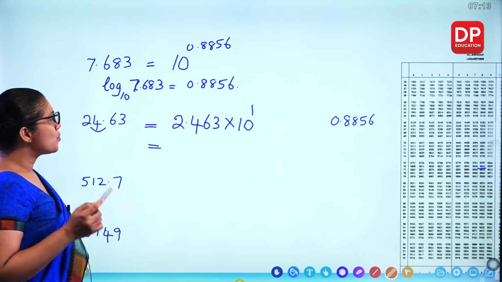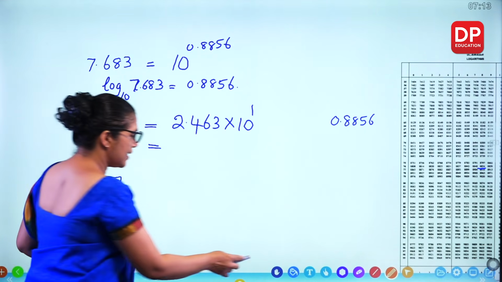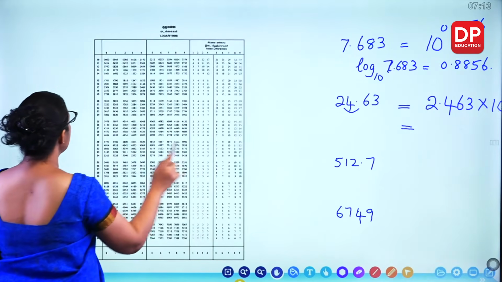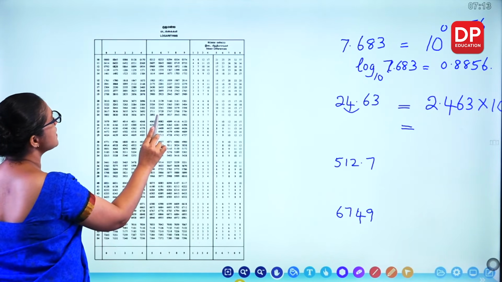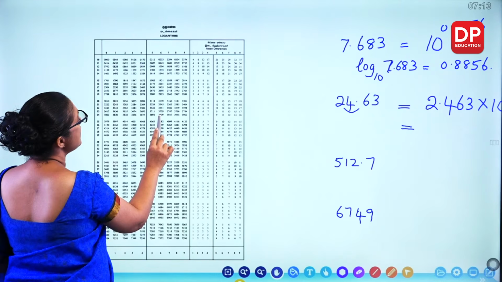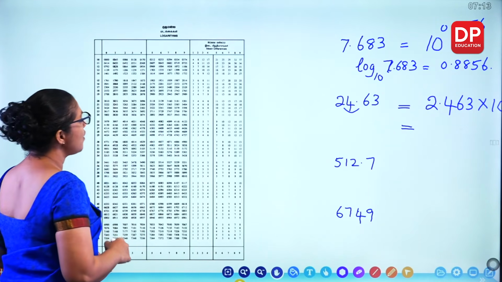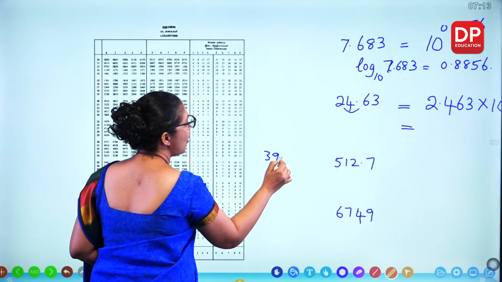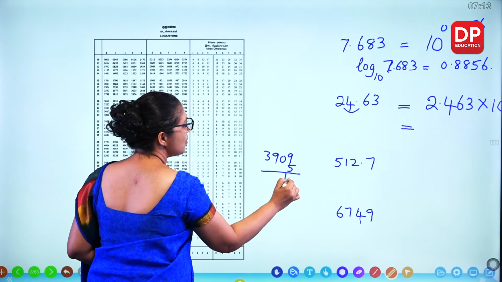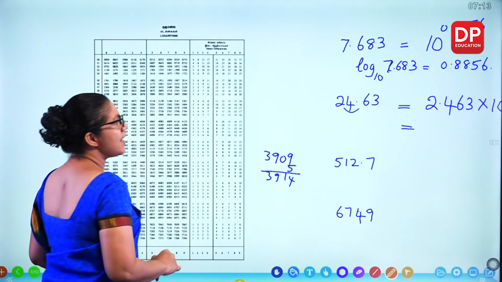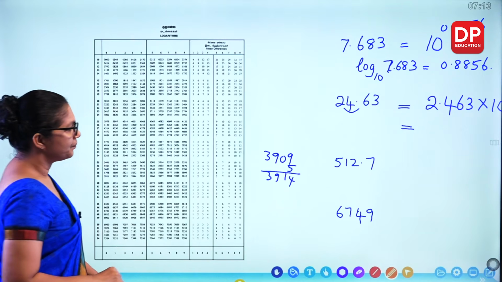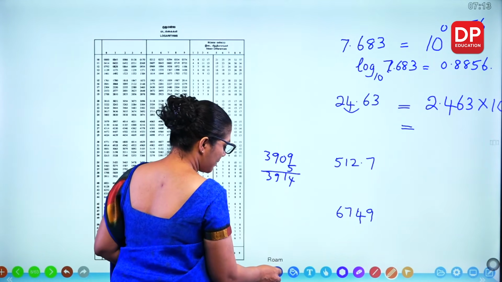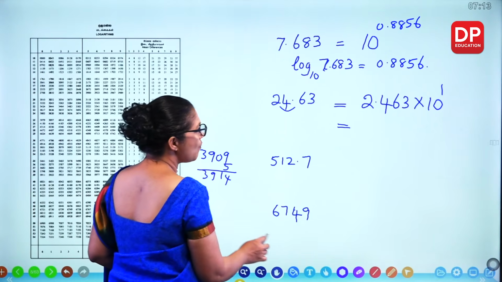2.463. Refer the first table. 24, 6 and 3. 3 is 5. So 3909 plus 5, you get 3914. So what's the number? 0.3914.